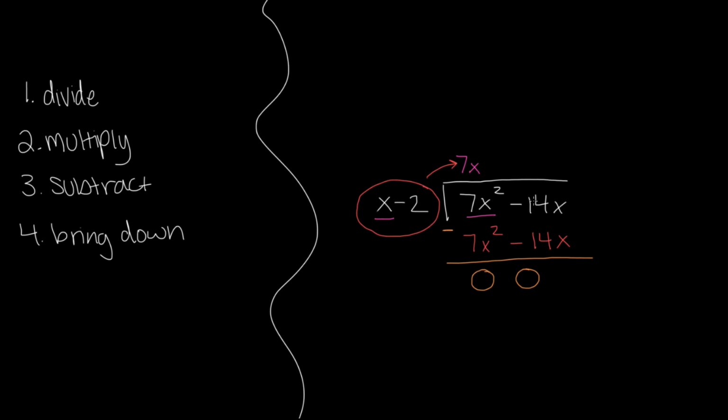Because remember, we're subtracting, so it wouldn't be negative 28x. Because we're subtracting, these two combine to make a positive, and so it would basically just be negative 14x plus 14x, which would also result in us having 0. And our last step is to bring the next term down, but since we don't have a next term, we can stop right there. So for this one, our final answer would be whatever is up here, which is 7x.